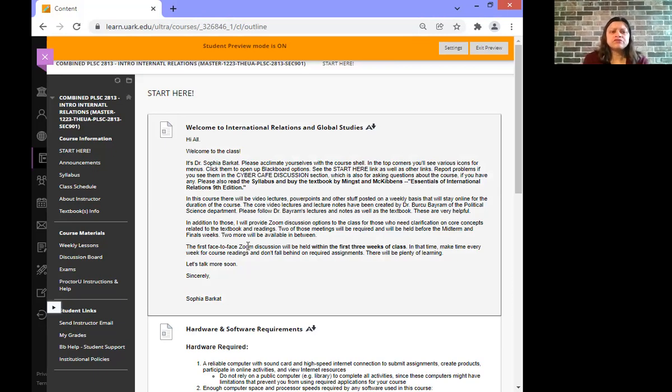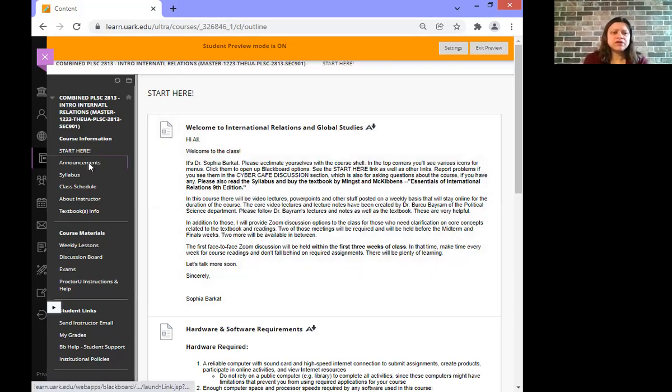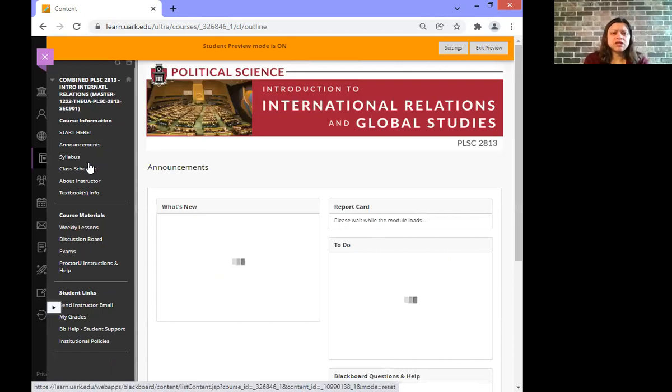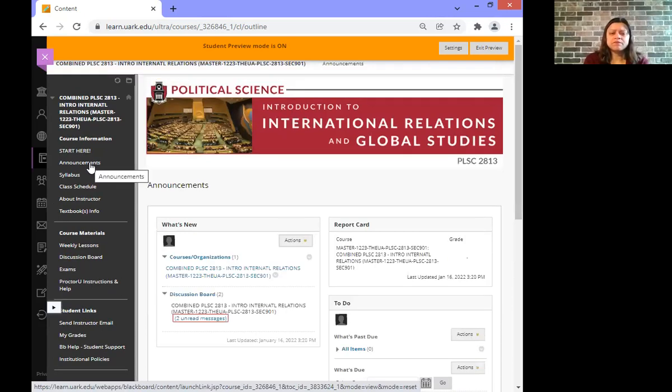So let's look very fast at the various links here in the shell. The first one is the announcements. Whenever I create an announcement on Blackboard, I have the option of making that an email announcement as well, so that you get the email. It's possible in the last week you've received some emails from me about the syllabus.